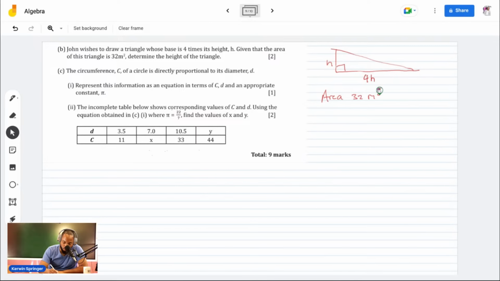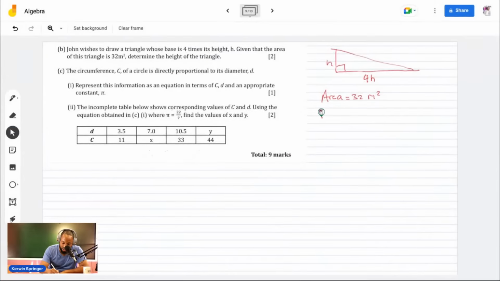So this is where they tie algebra into geometry, into measurement. They give you something and you need to generate an equation out of that. What was the area of a triangle? Area of a triangle is base by height divided by 2. But the base is 4 times the height.